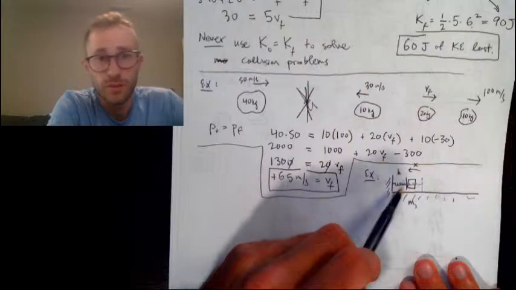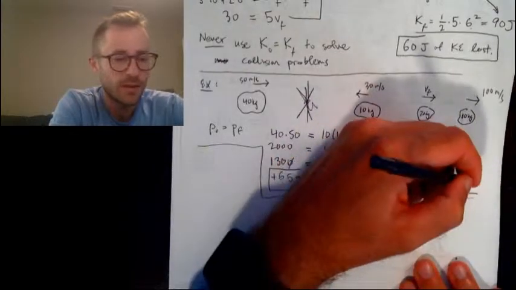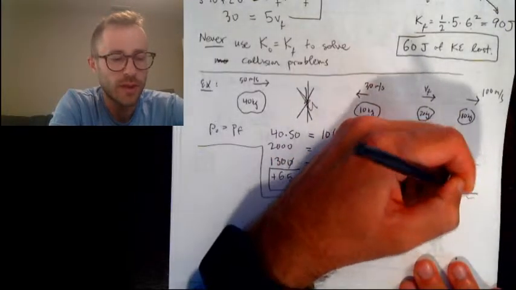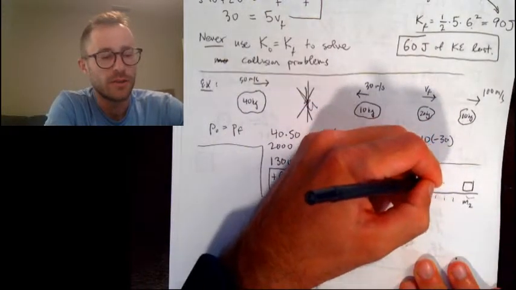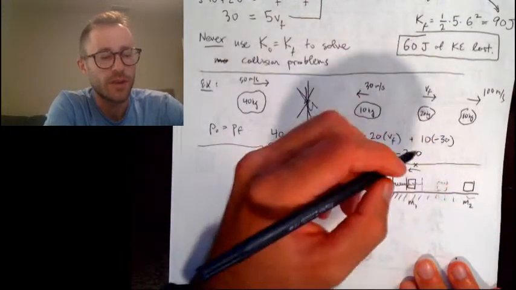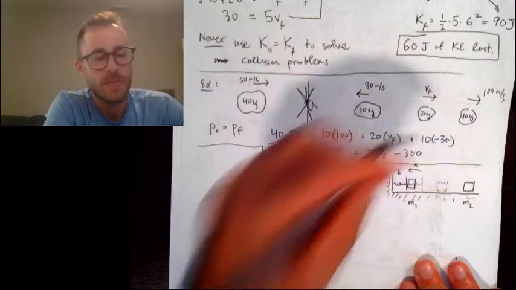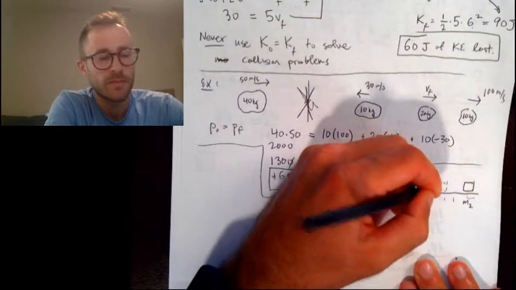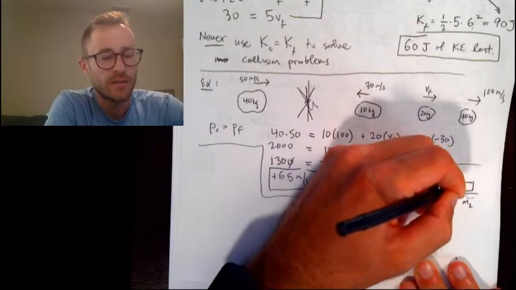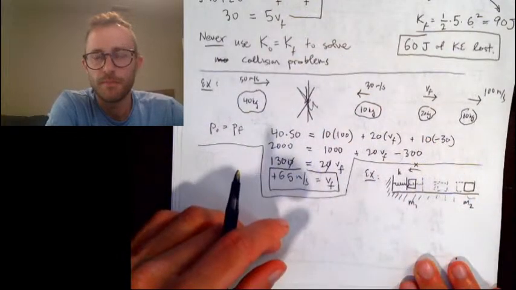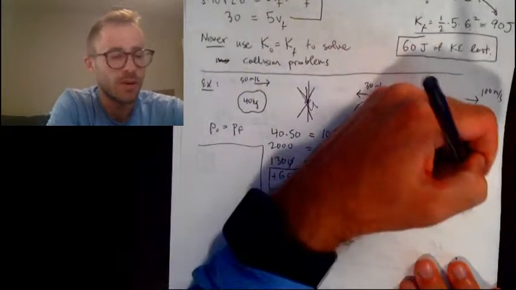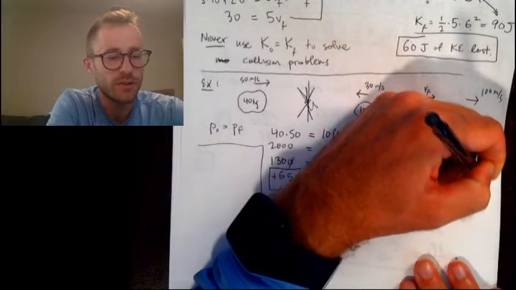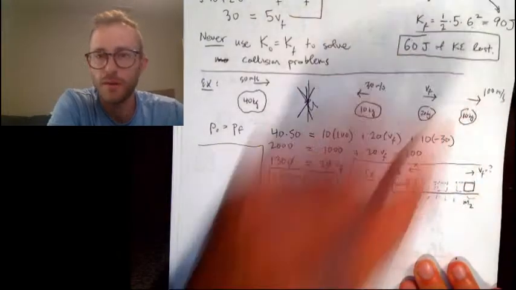The spring is used to launch the block, where it then collides with m2. Okay, so it collides with the second mass, and they have a completely inelastic collision. And so what we want to know is what is the final velocity of the pair.